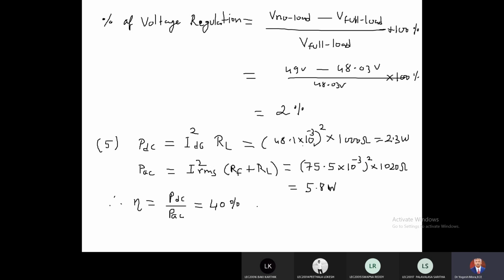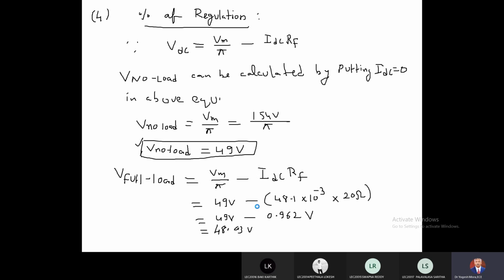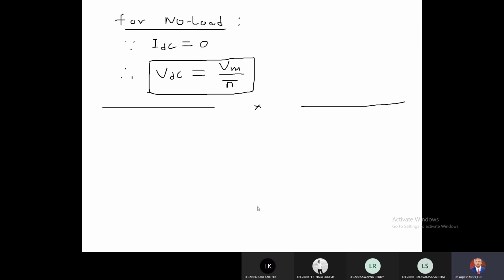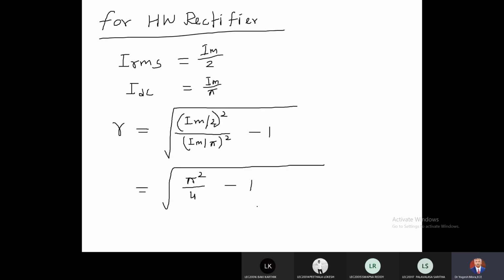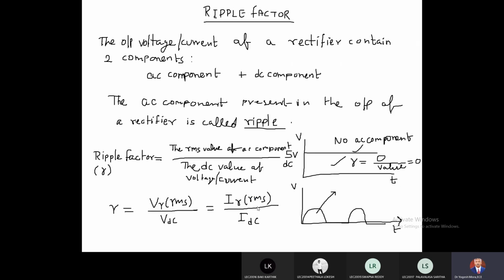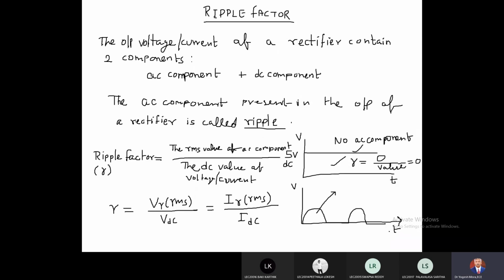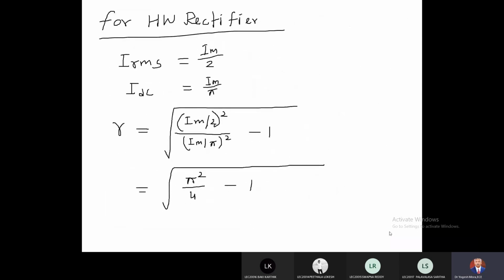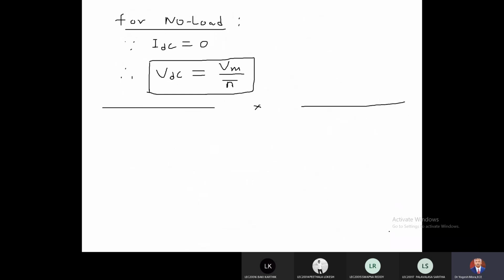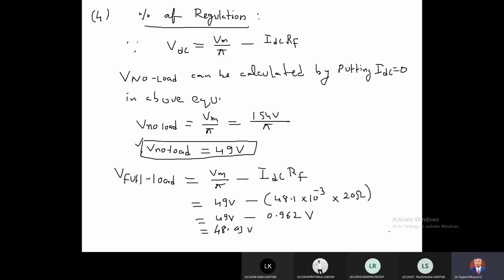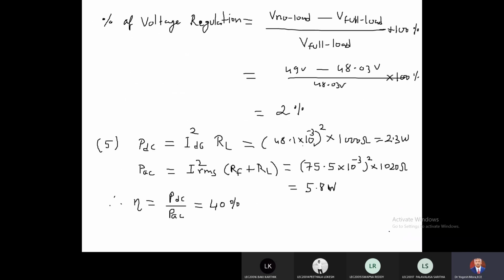Whatever we calculated earlier for the journal half wave rectifier, efficiency, we calculated earlier 40.5. But for this circuit which we are discussing, it is coming around 40%, right? In this way you can do the various calculations.